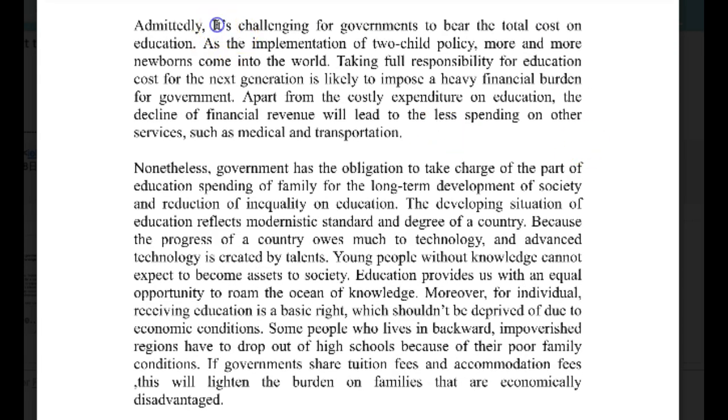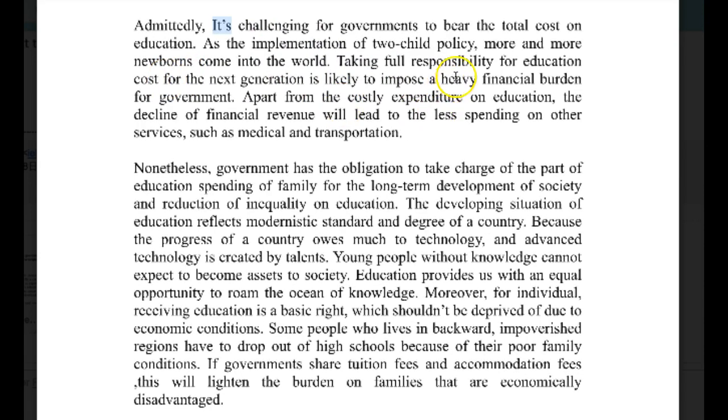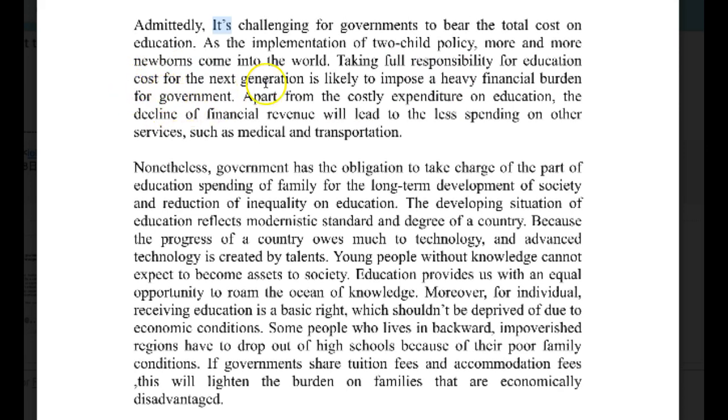Admittedly, check your capitalization. Admittedly, it is, we can't use contractions in a formal academic essay, challenging for governments to bear the total cost of education. As the implementation of a two-child policy, more and more newborns come into the world. Good. Taking full responsibility for education costs for the next generation is likely to impose a heavy financial burden on the government, or for the government.